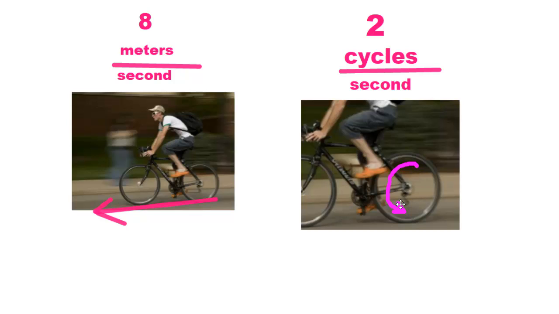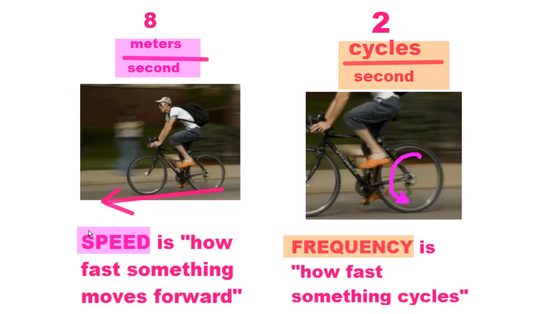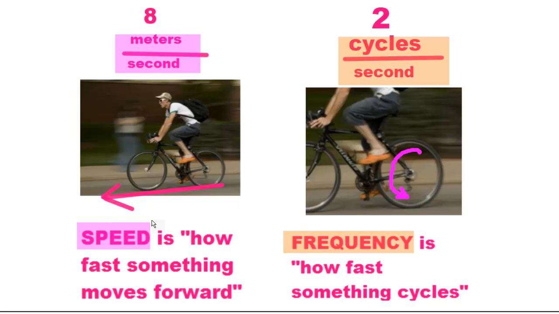But as this spins, it can spin at different speeds. Right now I say 2 cycles per second. That would be like in 1 second, the tire goes around 2 times. That's how fast the tire is spinning, cycles per second. That's called frequency, okay? So we got 2 sort of speeds going on here.